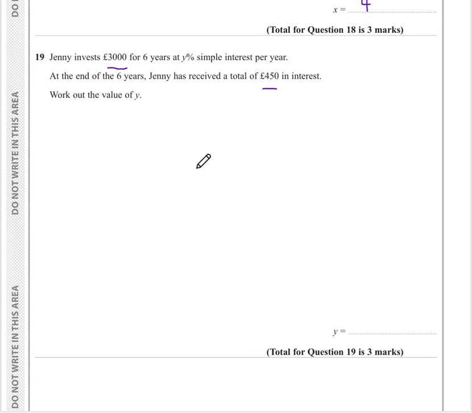Work out the value of Y. So let's think about how much interest she is going to receive per year. It's simple interest, so it's going to be the same amount every year. So let's divide that by 6. 450 divided by 6 is going to give us £75 per year.